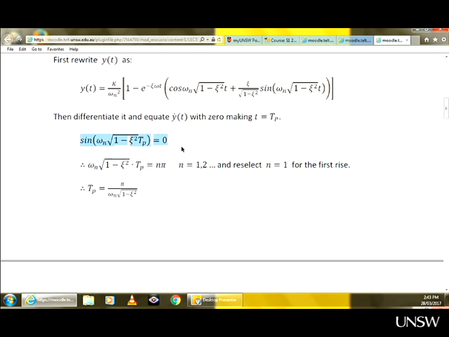Well, first of all, for sine to be equal to 0, the argument of the sine needs to be equal to n pi, but we are really interested in the first peak only. So we're not interested in the third or fifth or 10th peak. We want to find the first peak because that's the biggest peak. That's where the overshoot is. So n equals 1. Therefore, time to the first peak equals pi over omega n square root 1 minus xi squared.